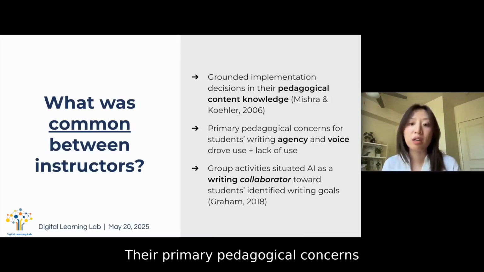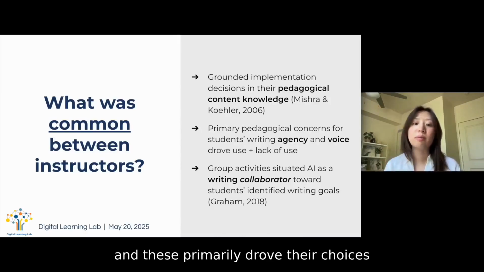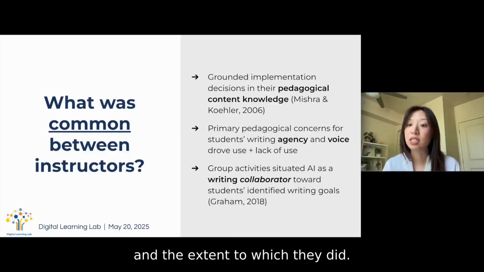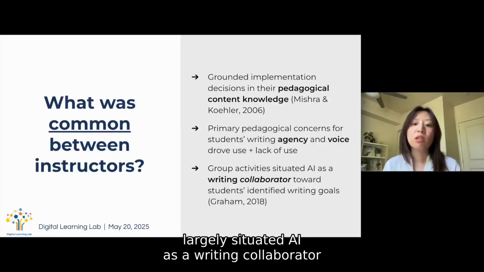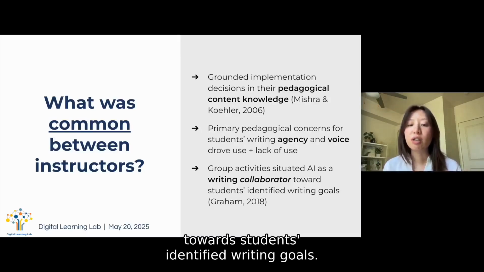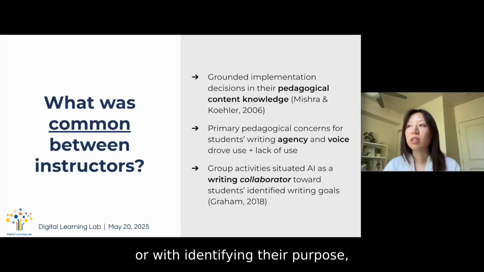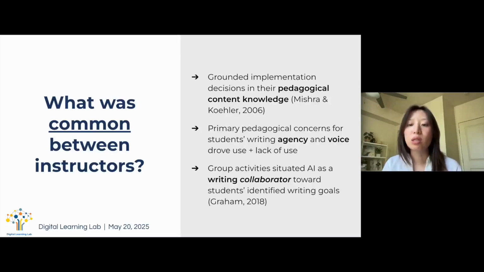Their primary pedagogical concerns were for students' writing agency and voice, and these primarily drove their choices on whether to use or not use AI in their course and the extent to which they did. And then finally, the group activities that were developed largely situated AI as a writing collaborator towards students' identified writing goals. So having the AI help them with developing or with identifying their purpose, identifying goals, and accomplishing those.